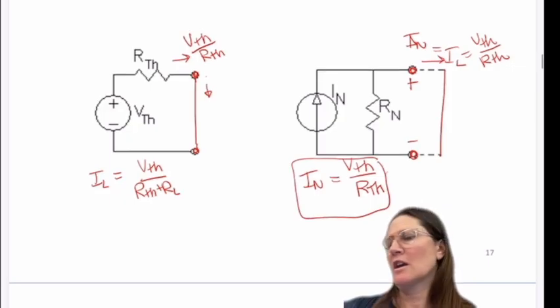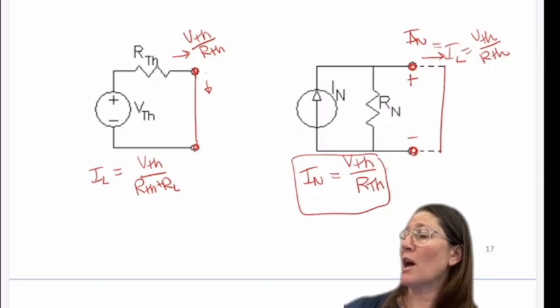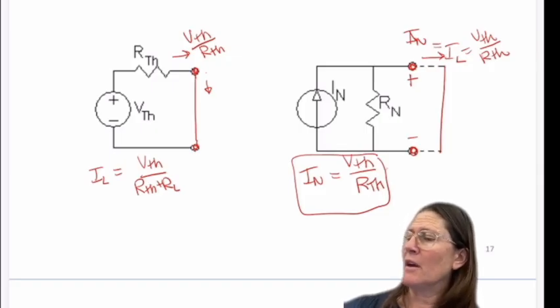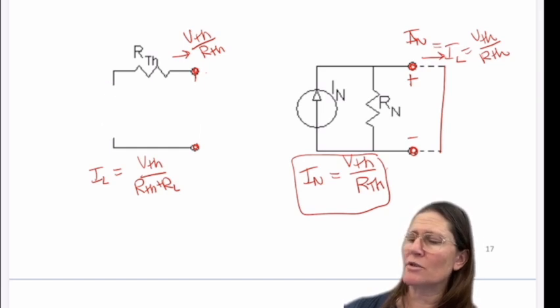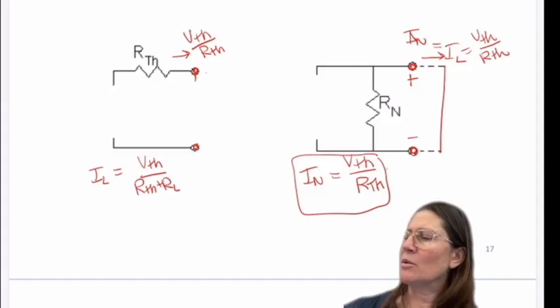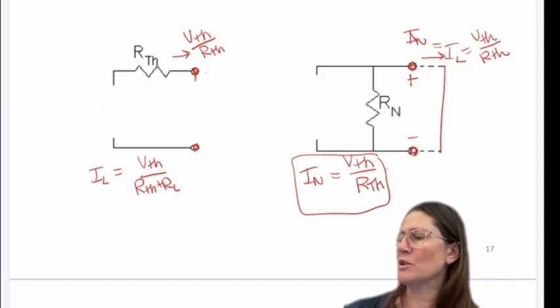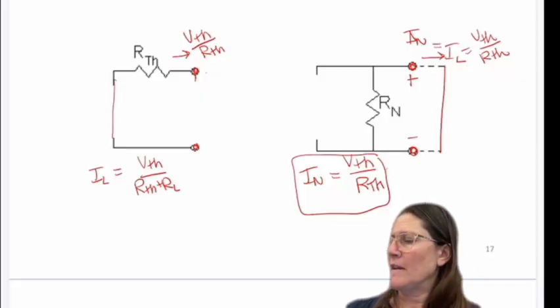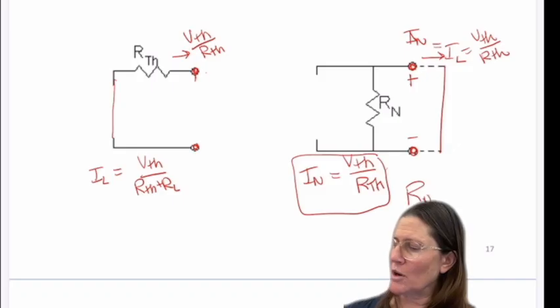And then if we look at just the pathways again, and to look at the pathway, that means that we would take out the sources. And the equivalence where they're the same pathway, this would be a short. Then this is going to be the same when RN is what value?